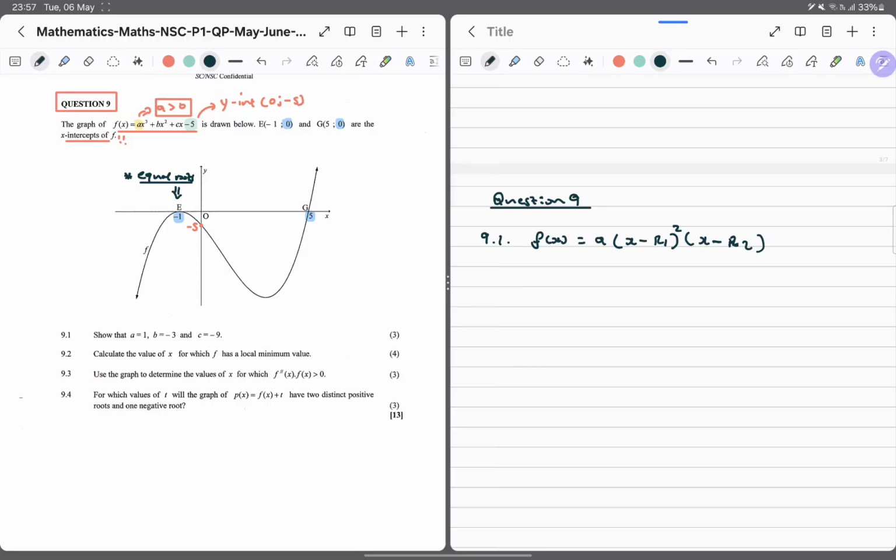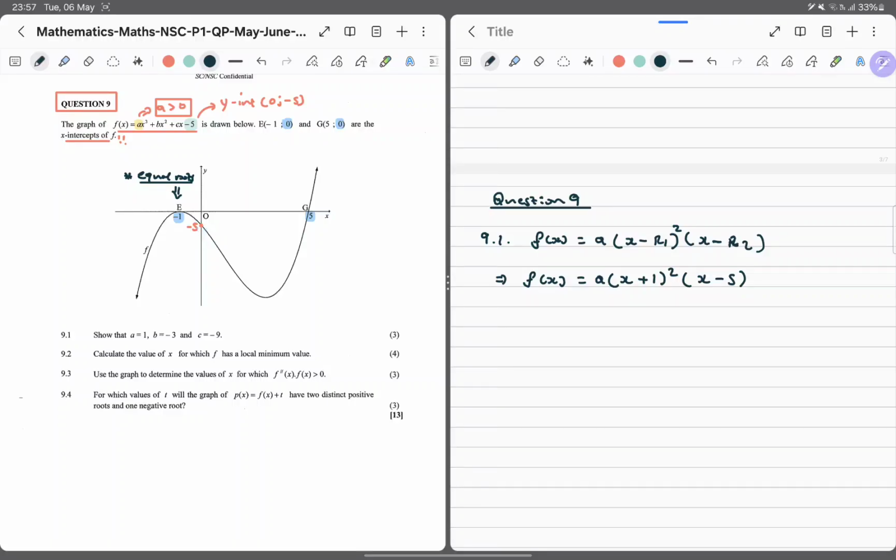So we say this implies f of x is equal to a, which we don't know, into x minus (-1), so x plus 1, squared, into x minus 5. Okay, we are good. Now we need a point.